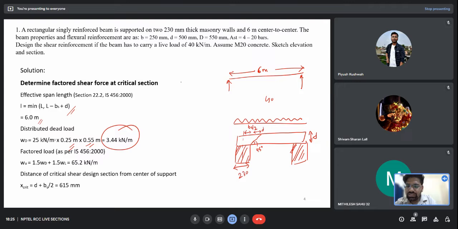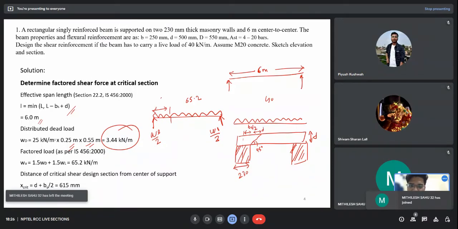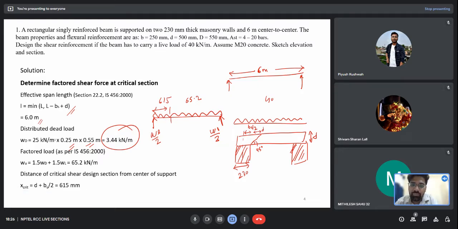Now I know this is the total load acting on my beam. What is the total load? It is 65.2, so this is WL by 2, WL by 2, and my critical section is at a distance of 615 mm. So I have to calculate the shear at a distance of 615 mm from the center of this load.